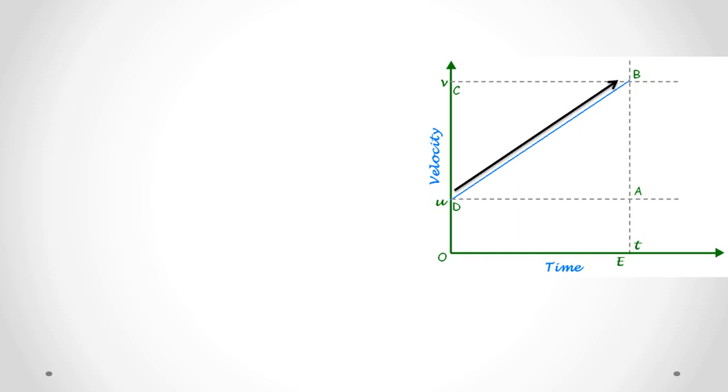Okay, the object starts from point D in the graph with velocity u. You can observe that at point D, the object started its motion with the initial velocity u, and its velocity keeps increasing, and after time t, it reaches the point B on the graph. I hope this is clear to you, students.